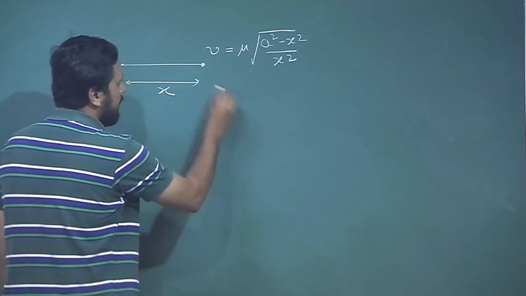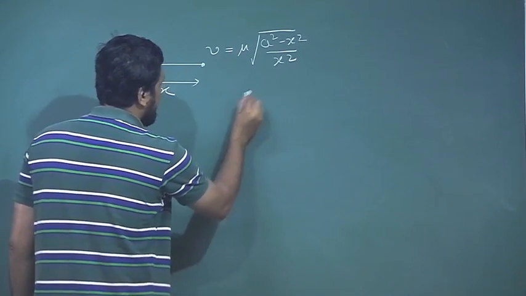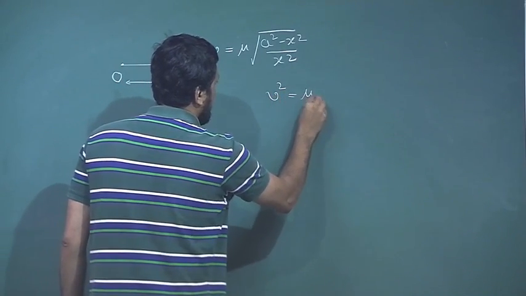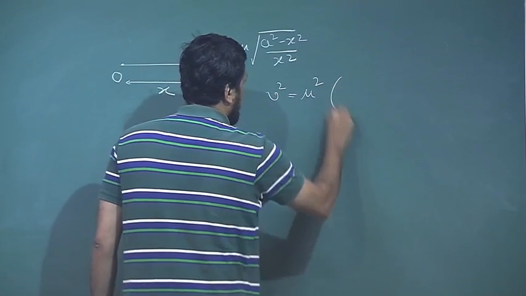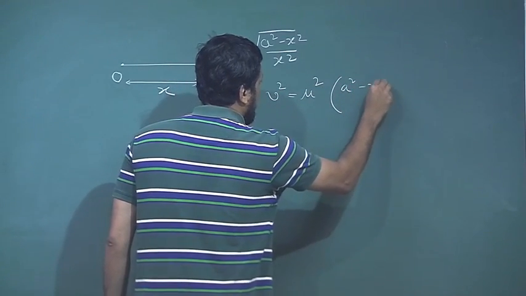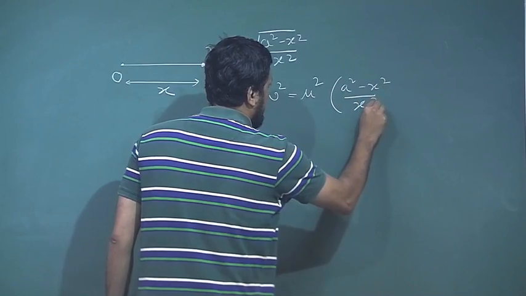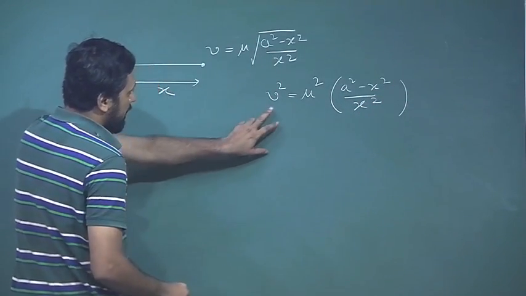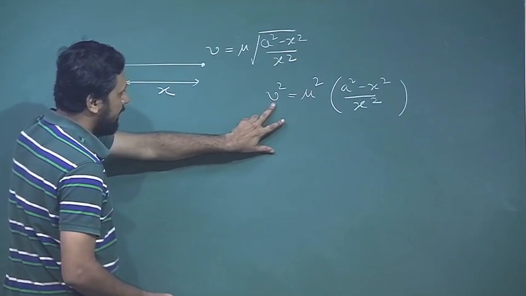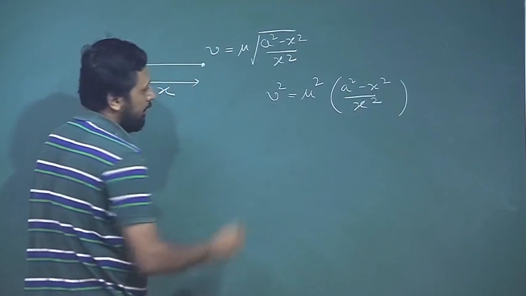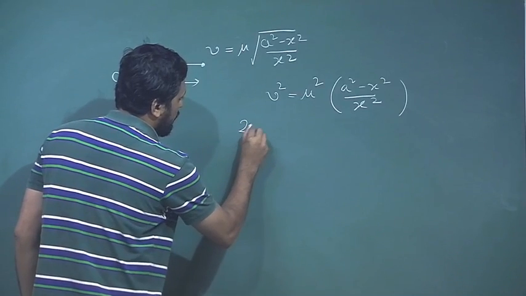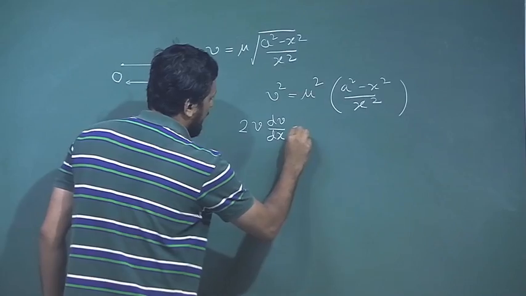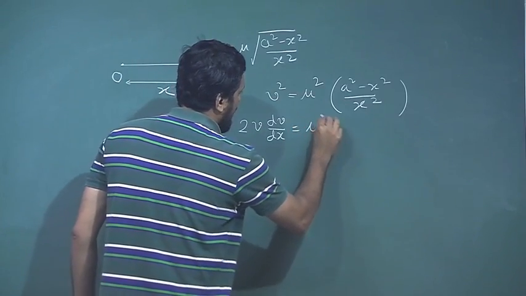It is very simple. To solve this problem, we simply compute v square, which will be mu square times s square minus x square by x square, and then we take the derivative of this side and that side with respect to x, and we end up with 2 v dv dx is equal to mu square.